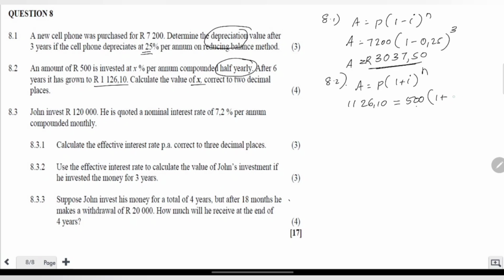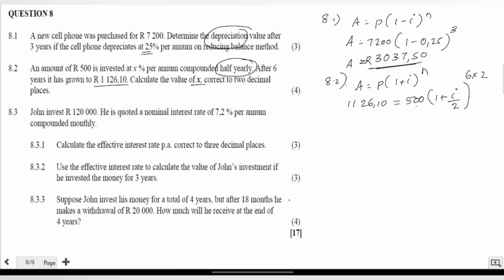Then 1 plus what is i? i is not there, so I just leave it like that, X or i, you can even write i, there's no problem, but divided by 2, don't forget, half yearly. The number of half years in 6 years is 6 times 2. So you divide i by 2 and multiply n by 2. N is 6.